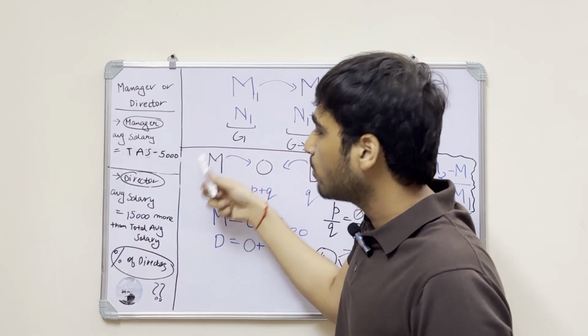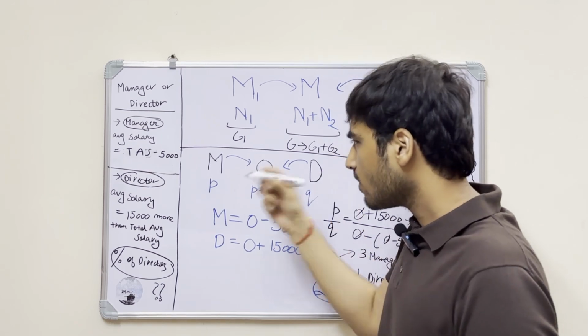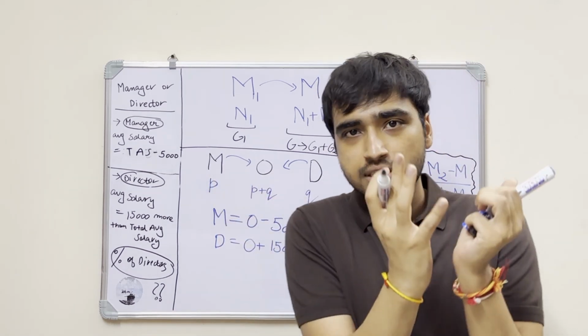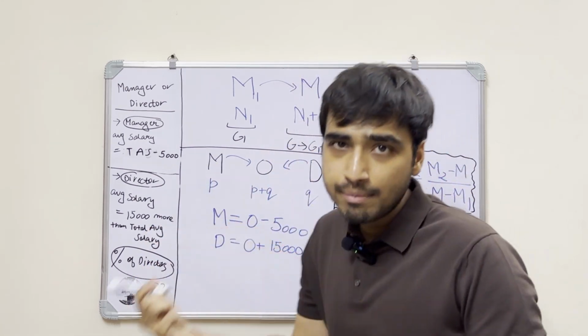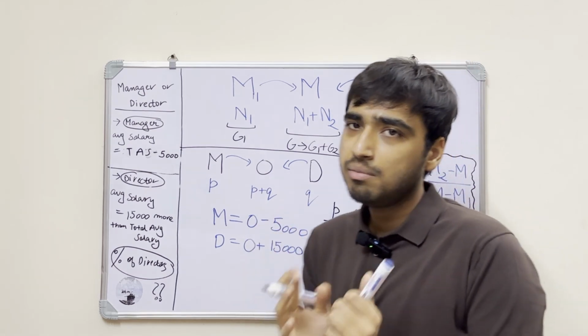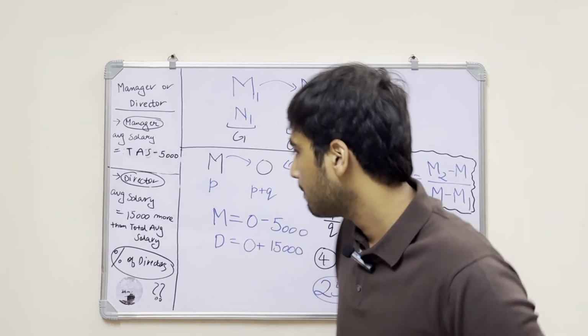So we take one group for managers and we take another group for directors, okay? And we combine both of them to form an organization which consists of managers and directors, right? Let's suppose there are P managers, let's suppose there are Q directors. So in the organization, there will be P plus Q people, that is P managers and Q directors, right?